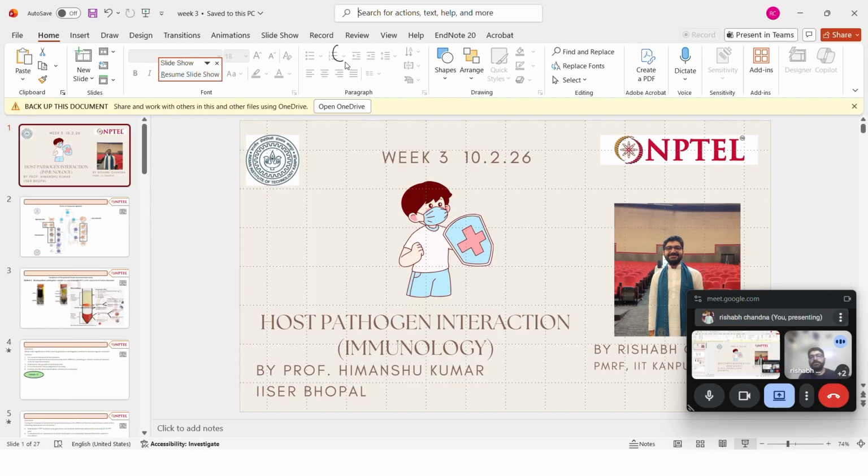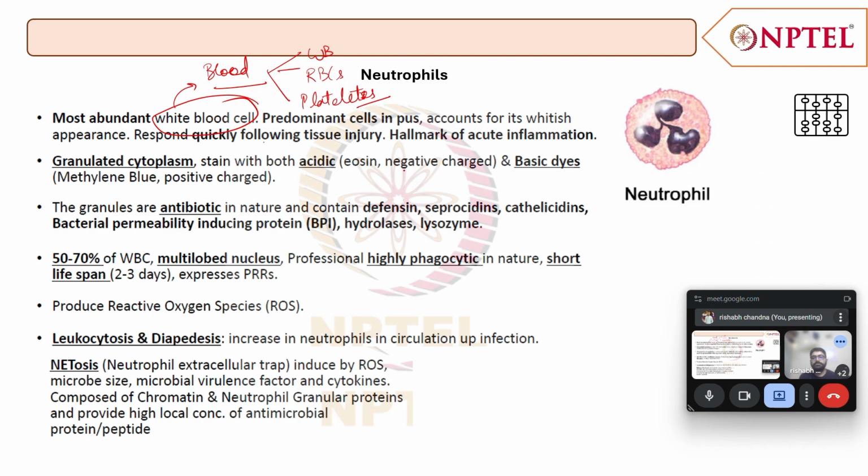WBCs are basically involved in fighting the infection. The RBCs or the erythrocytes are involved in oxygen carrying, and platelets are involved in the clotting procedure.